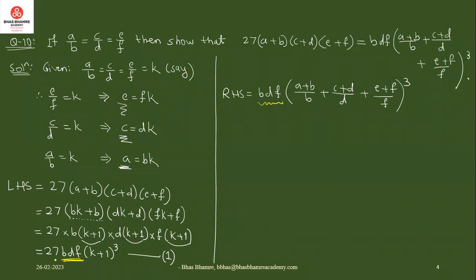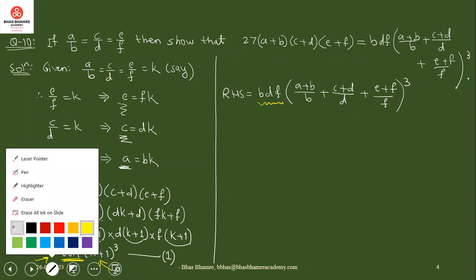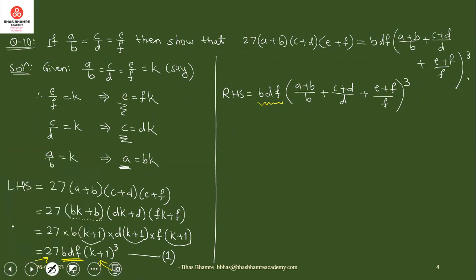So only in multiplication with that BDF, we must get 27 and K plus 1 whole cube. At least we get the destination. So now put up the values in RHS and go ahead. What we know, A, C, E. Put up the values and go ahead.